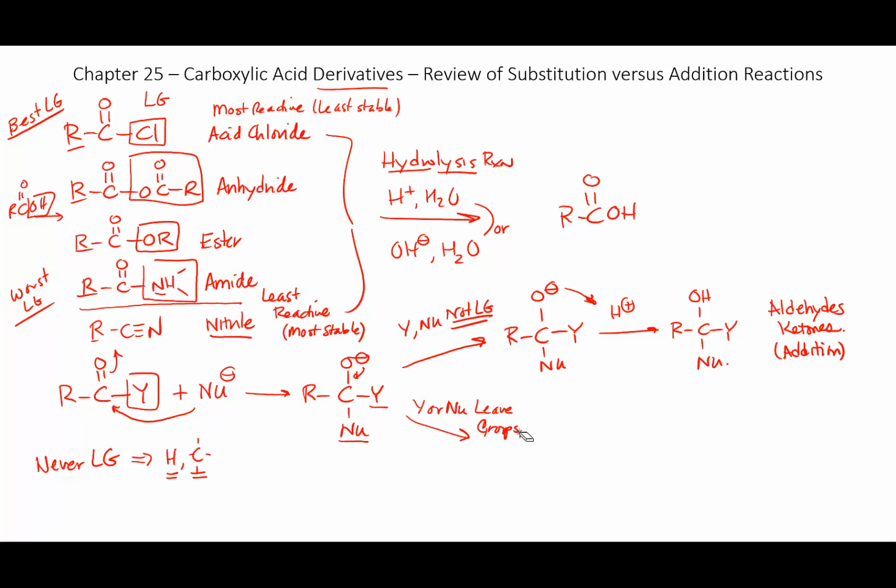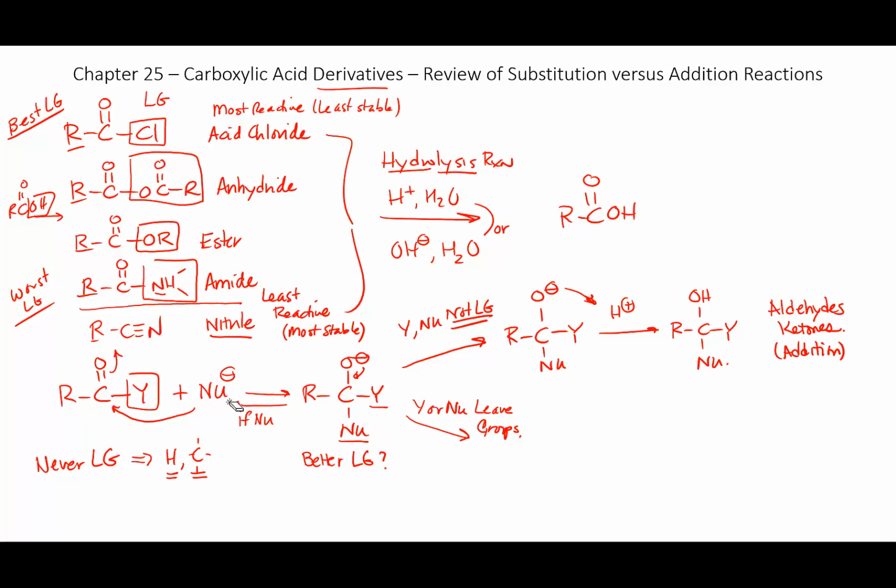What happens then? Well, then the O- can bring its pair of electrons down, and something's going to leave. What's going to leave? Well, that's going to depend on what's the better leaving group. If the nucleophile is the better leaving group, what happens?